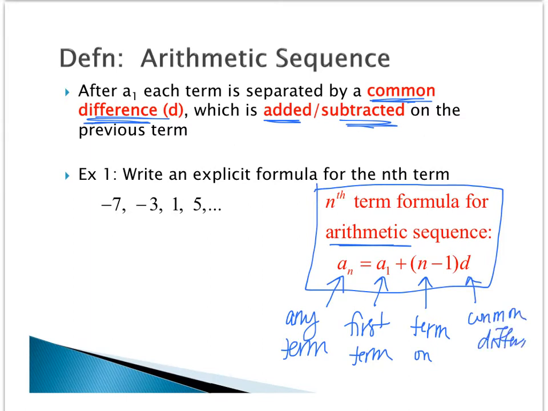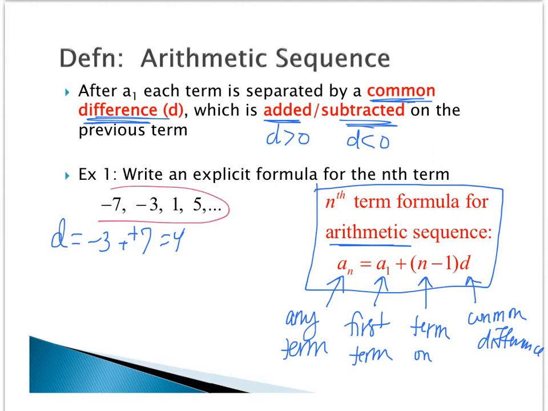The way that we find the common difference is by taking one term and subtracting the previous term. So in this case, for example 1, I would do negative 3 minus negative 7, which is 4. When our common difference is positive, it means that we are always adding the same number. When it is negative, it looks like we are subtracting the same number.